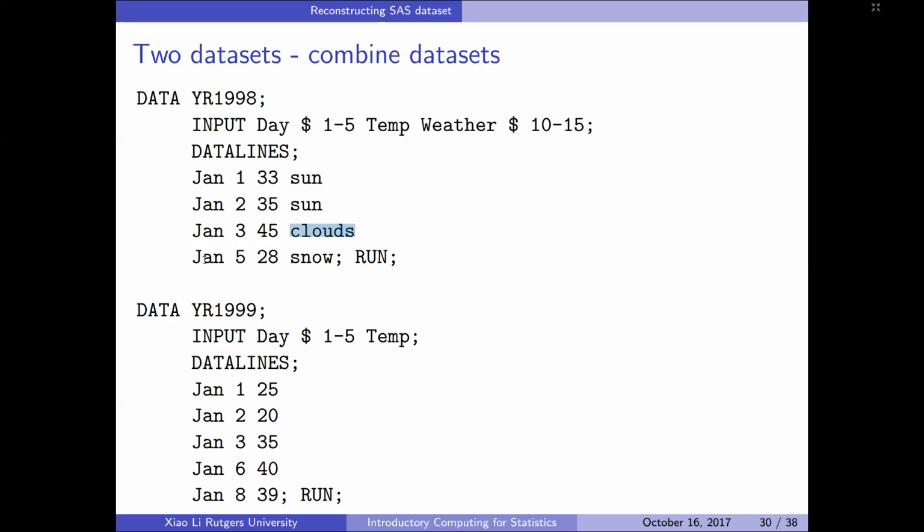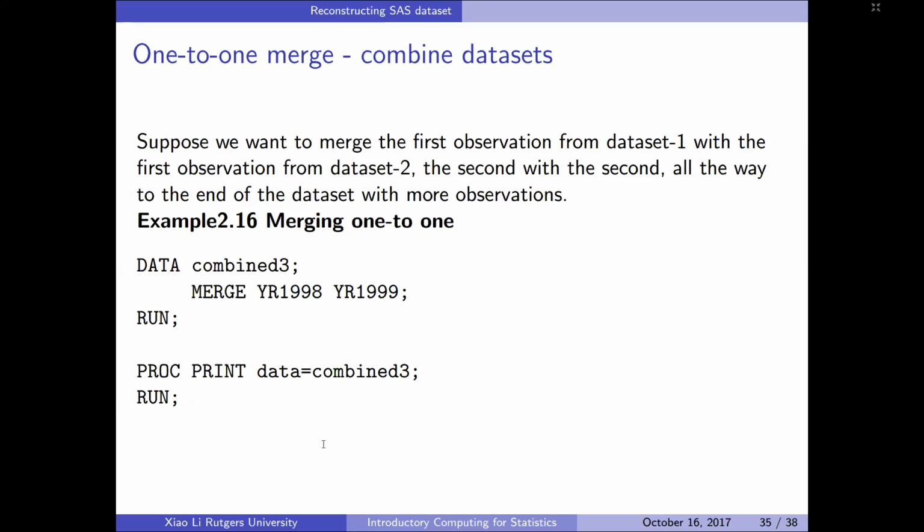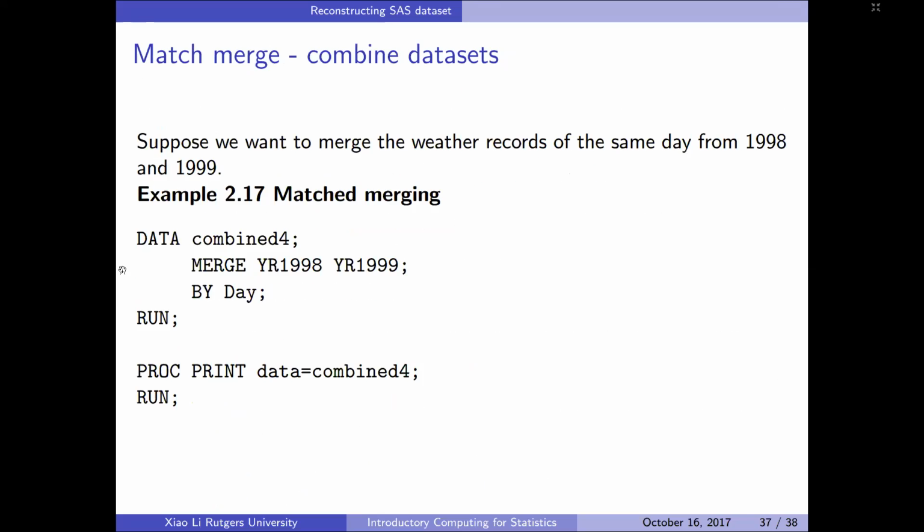And then we will have the observation of January the 5th. The next line of the data will be January the 6th with the weather variable as a missing value, and then January the 8th as our final line of the data, if we follow this combination method.